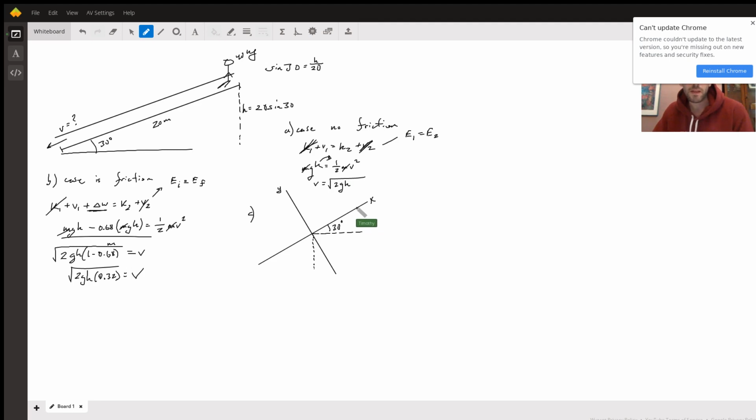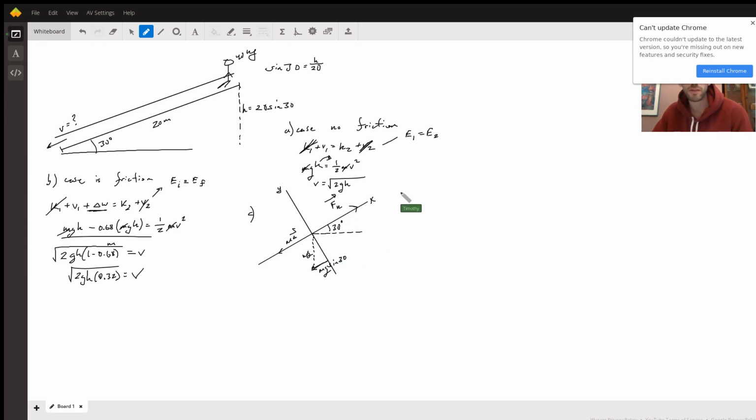So kinetic friction is going this way, F of k, and this is going in the positive x, and then she has some mass times acceleration going this way, and then she has some component of mg, and this will be mg sine of 30.